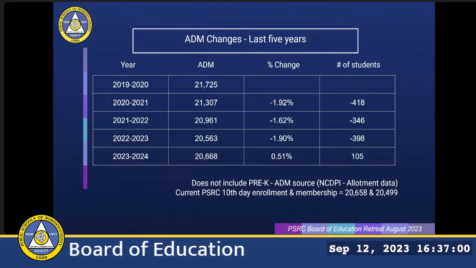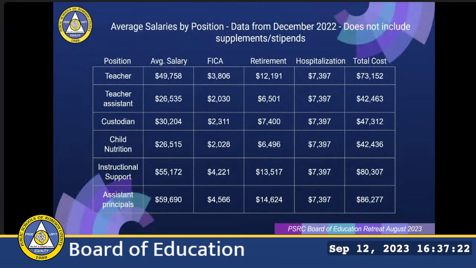So the difference in those two numbers is that there still are some children who haven't shown up as far as the membership attendance yet. But we are well within that 2%, so there won't be any changes once we get a budget based on our ADM that DPI has of 20,668. Next slide, please, Cole. Thank you.